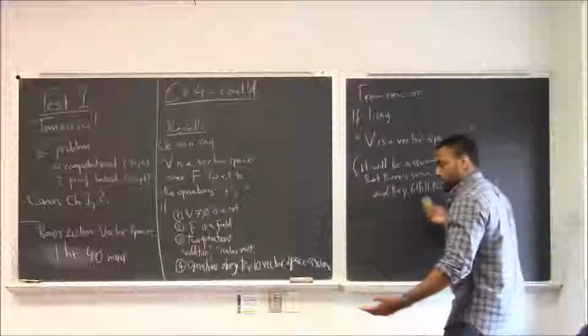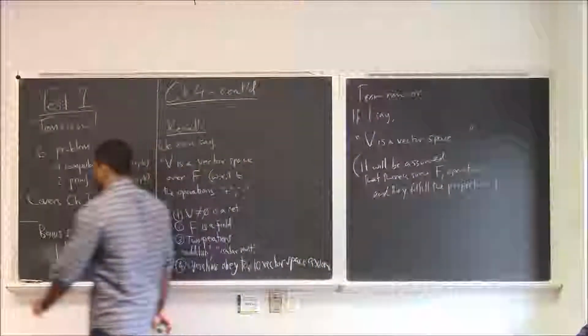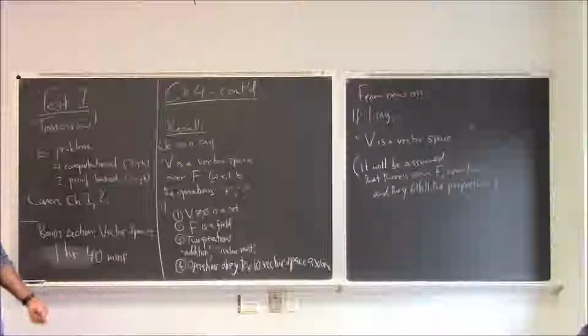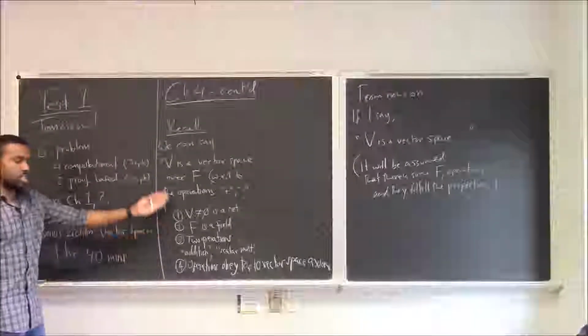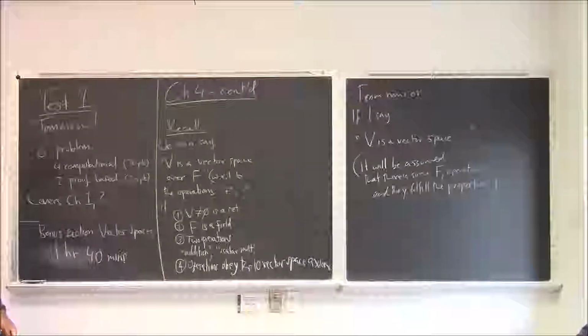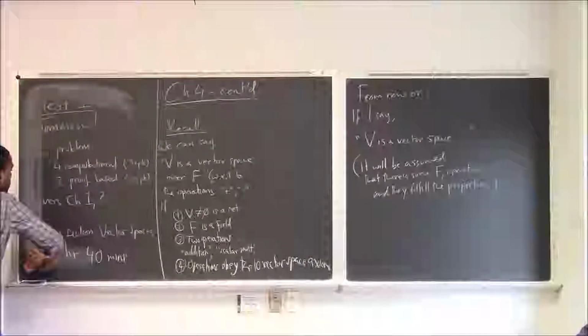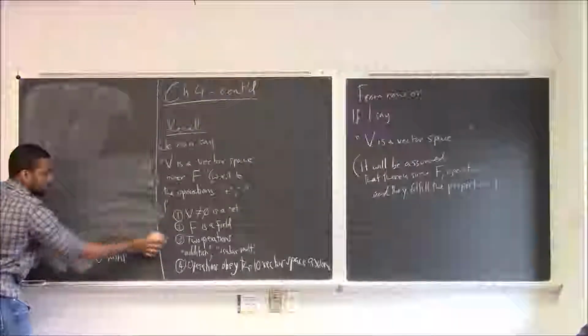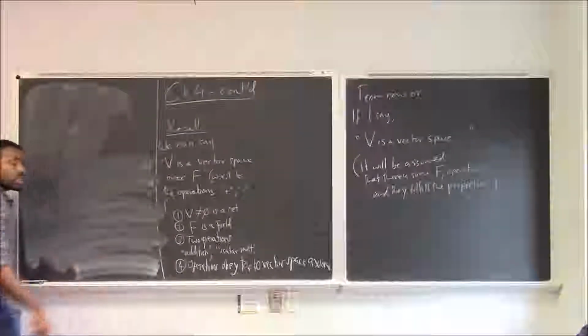That'll be usual. Any time you're reading in a book where it says, if this is a vector space, then blah, it means there's a lot going on in the background that they're not mentioning, because it should be understood that once they mention something is a vector space, all those things come together.